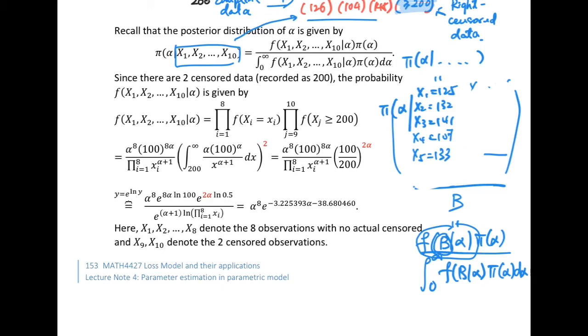Let me see. S6 will become 126, S7 equal to 104, S8 equal to 145. I put these 8 complete data in the front, and the last 2 will be on the last page.